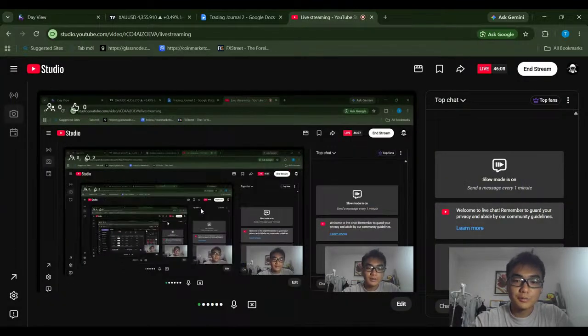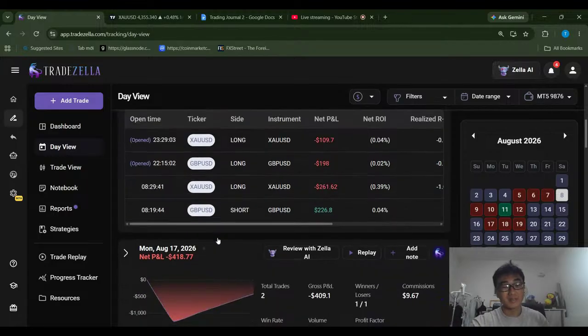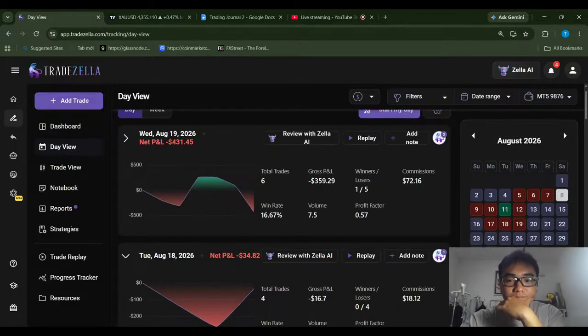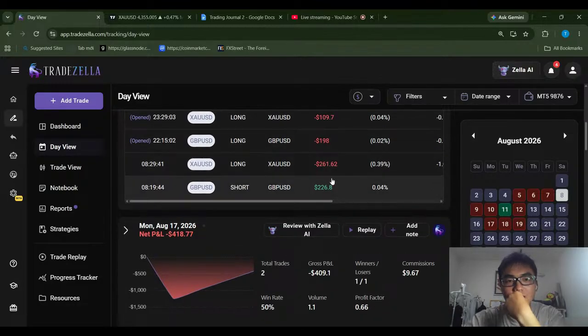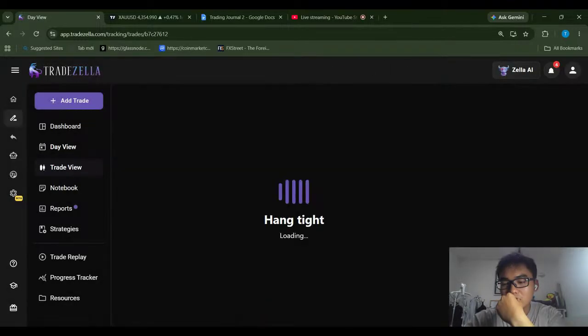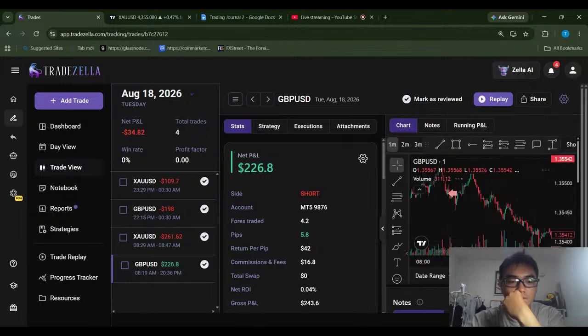I think the most reason that I can see in myself is I somehow open many trades around this week. Should I go to the trade detail?